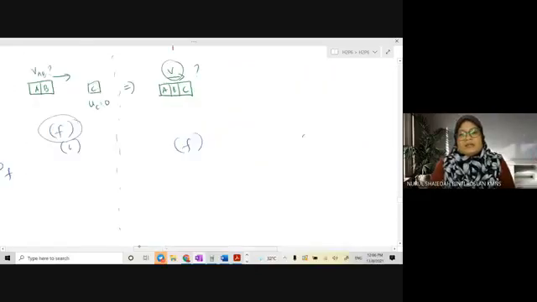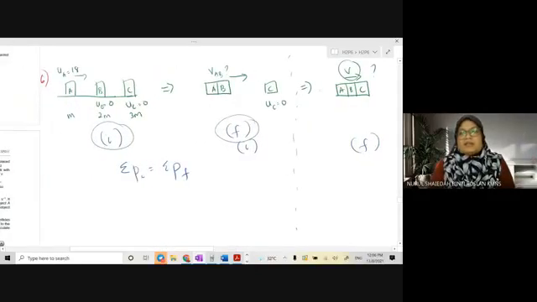So in this case, when you read the question, you don't know which case it is, so just use conservation of momentum. Why? It doesn't mention the word inelastic or elastic. The ones that stick together are A and B; C doesn't stick yet. So we don't know whether it is elastic or inelastic. So we use the general formula, P initial equals P final. The first scenario is this one.